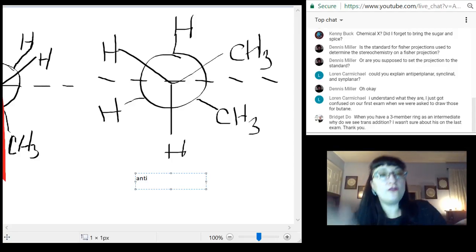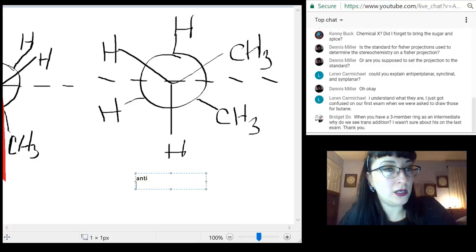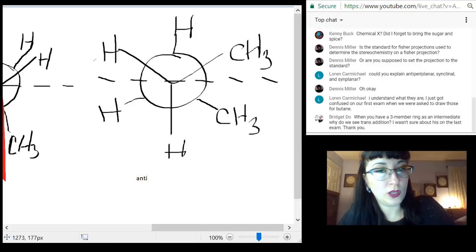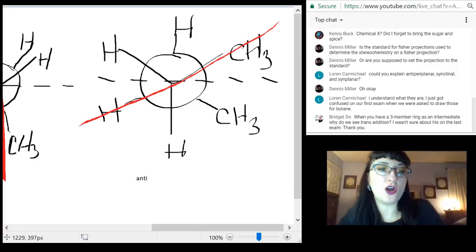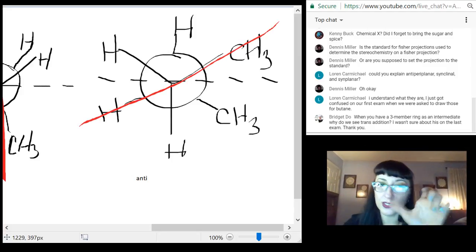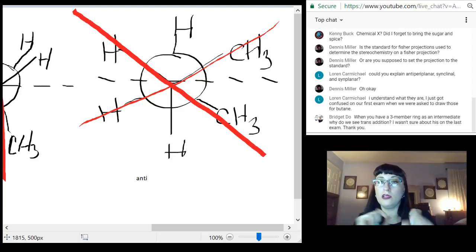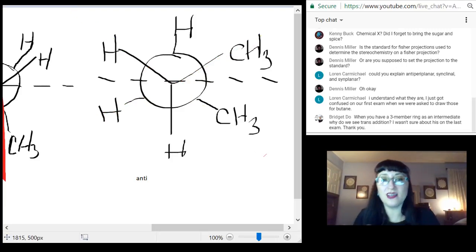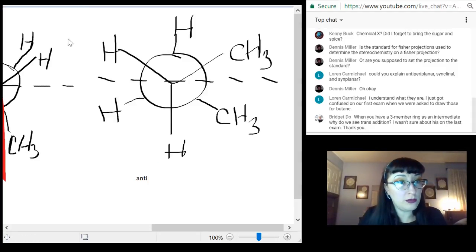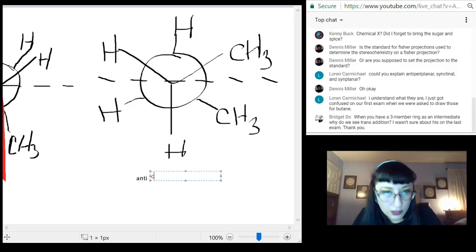And also, if I drew a line through one or both of them, you'll notice that carbon and hydrogen are the ones that are in line with each other. They're not in line with themselves, with each other. So because of that, you would call that one clinal.